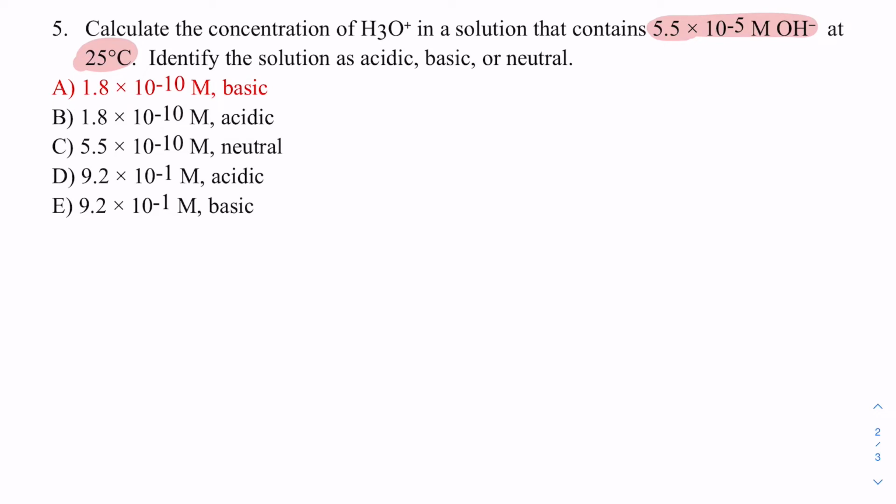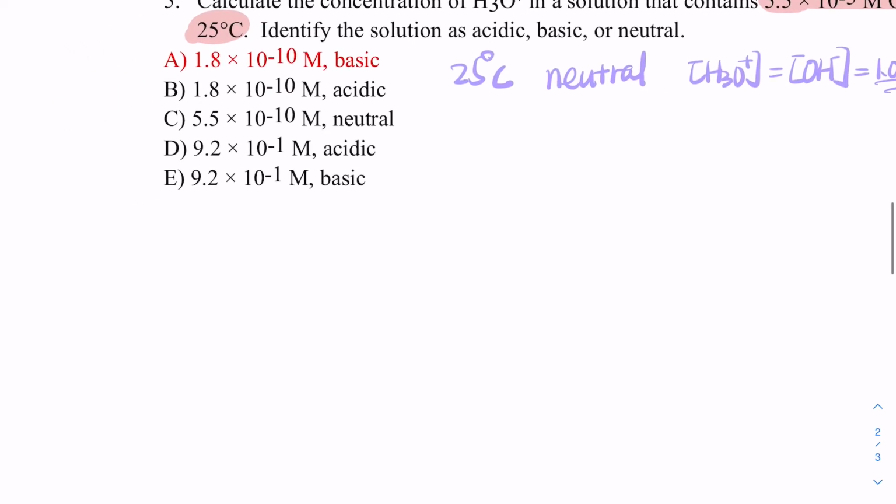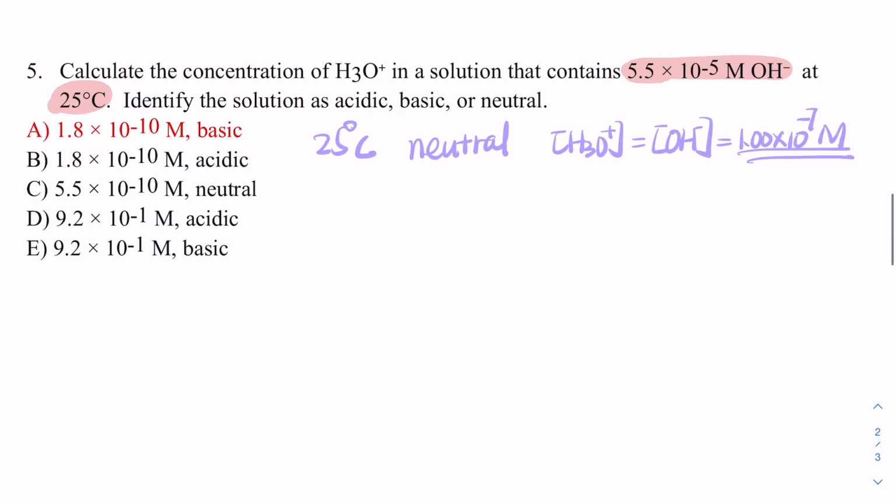Why? Because at 25 degrees Celsius, if it's a neutral solution, the hydroxide ion concentration equals the hydronium ion concentration, and that equals 1.00 times 10 to the power negative 7. Apparently it's not.